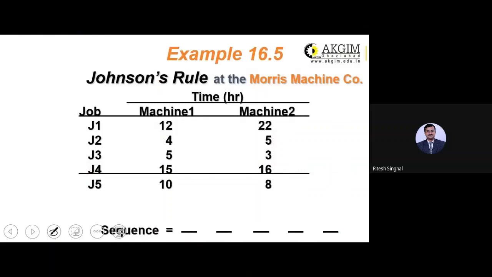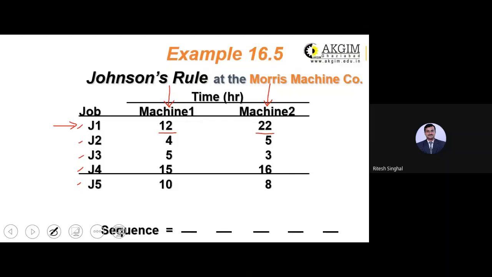Suppose there are 5 jobs given to us, and the times required for a job to complete on workstation 1, machine 1, and machine 2 are given in terms of hours here. For example, job J1 requires 12 hours on machine 1 and 22 hours on machine 2. Similarly, all the jobs have some specific requirement on machine 1 and machine 2.